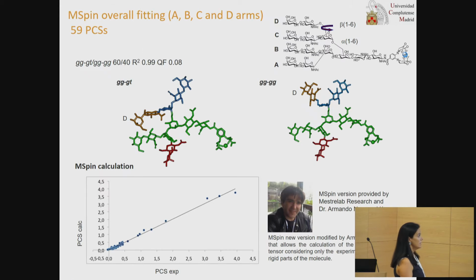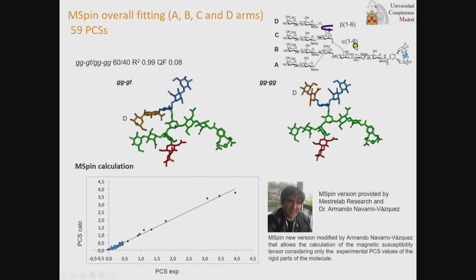Then the conformation of these molecules is quite difficult to study. Now we have not only 1 alpha-1,6 linkage, we have 2. This is very flexible in principle, and we should consider several conformers in order to build models.